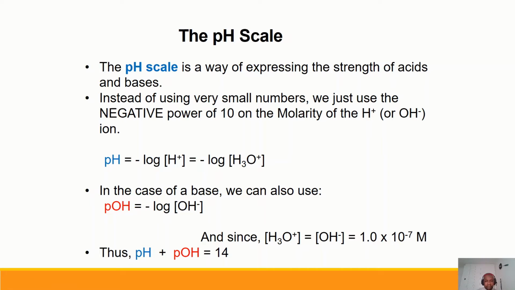For a base, we can also use pOH, which equals minus log of the concentration of OH minus. Since the two concentrations are equal in pure water, we say 1 times 10 raised to the power minus 7 molarity. Thus pH plus pOH equals 14.